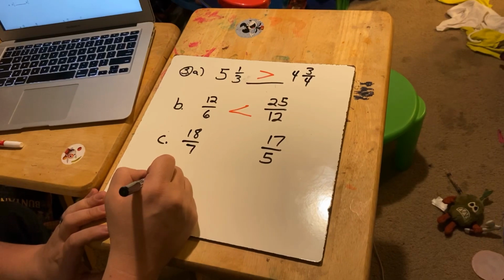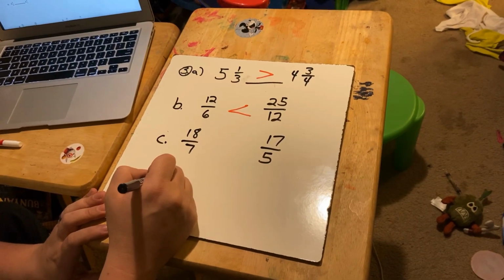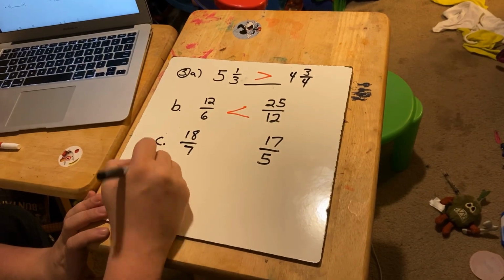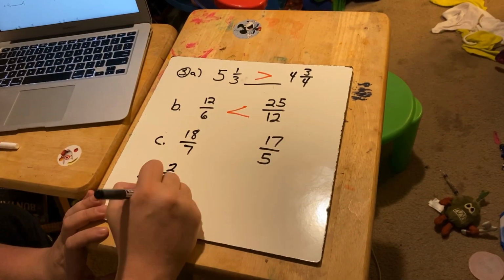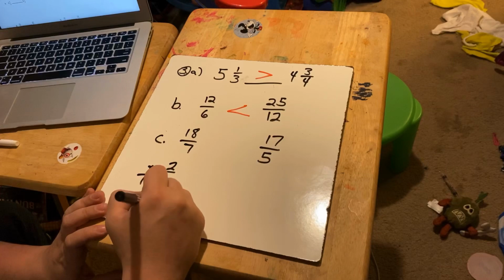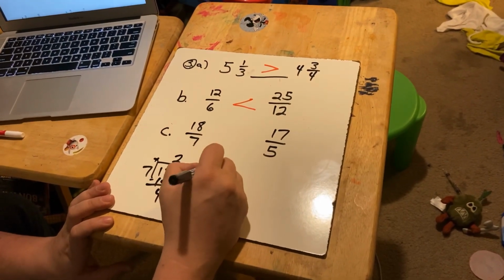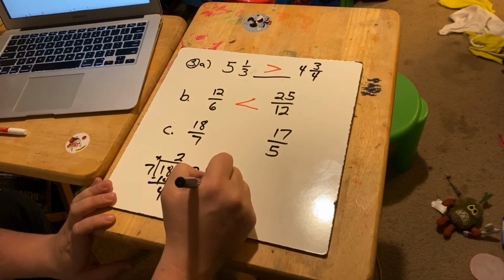Well, 7 times 1 is 7. 7 times 2 is 14. 7 times 3 is 21, but that's too big, so it's going to be 2. And 7 times 2 is 14. And 18 minus 14 is 4. So this is going to be 2 4/7.